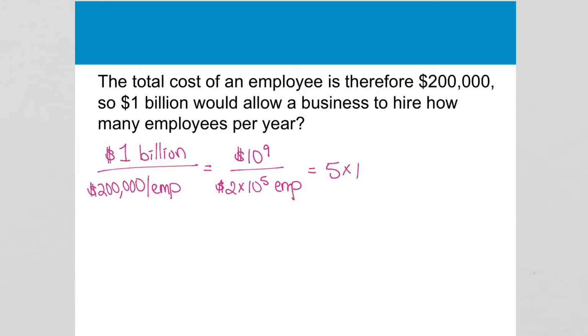Gives us 5 times 10 to the 3rd employees, which is 5,000 employees. So if you had $1 billion, you could employ 5,000 people for a year.